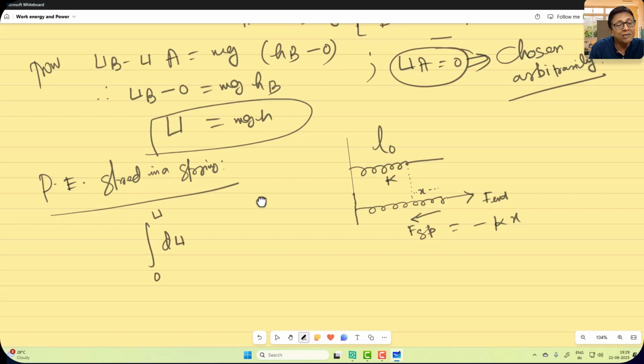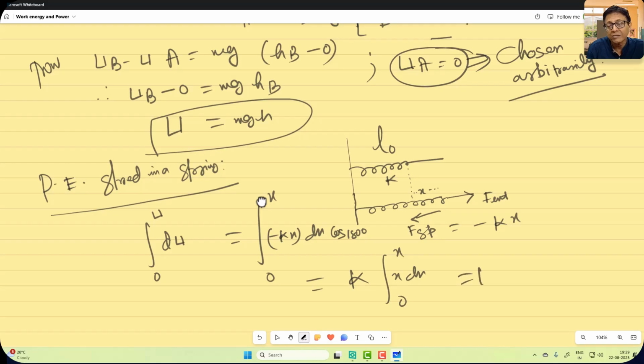And here it is U. Just write U equal to integration of minus kx dx from 0 to x, but the angle is 180 degree. So there will be k outside, integration 0 to x, k into x square by 2. So U is going to be half k x square.